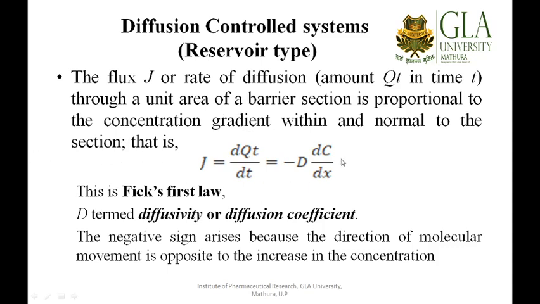This is the equation which basically defines Fick's first law of diffusion. D is the proportionality constant, termed diffusivity or diffusion coefficient, and the negative sign represents that the drug is releasing out with the passage of time.